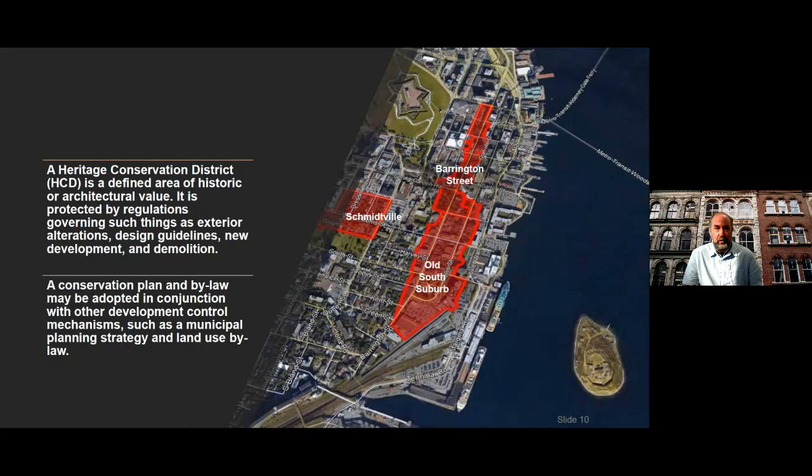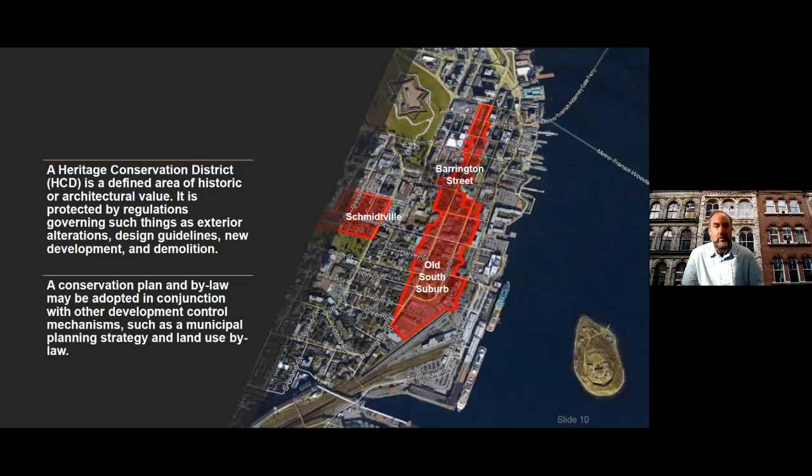Barrington Street is our oldest, established in 2009. Schmidtville, established in 2018, and Old South Suburb, established just last year in 2020. Schmidtville contains 15 registered heritage buildings and 140 unregistered heritage buildings that are now protected indefinitely from demolition or inappropriate change.